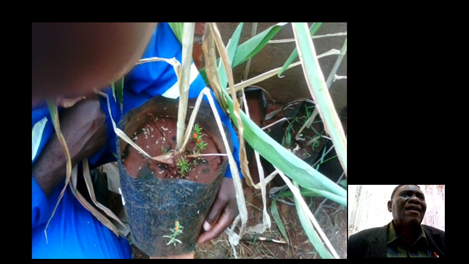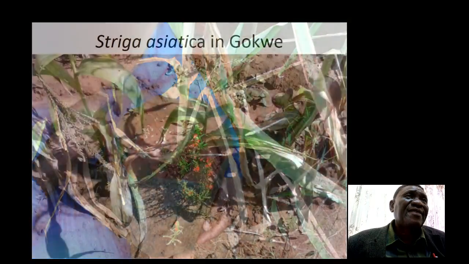Here, I think this is the maize planted in pots. We've got the parasites which are affecting the maize. You can see leaves are drying due to the impact of the parasite.